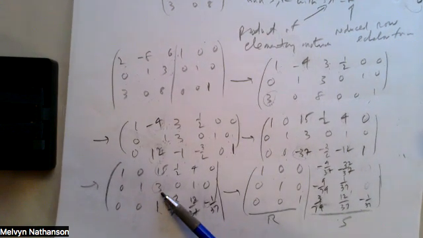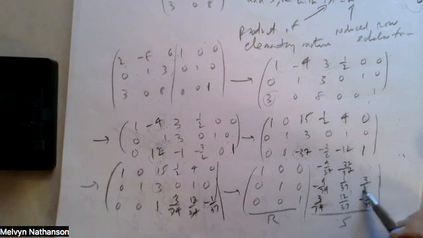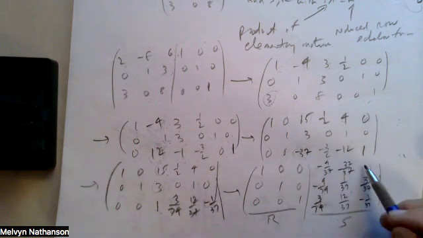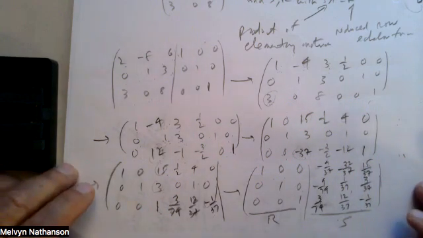And when I eliminated the 3 here, I multiply this row by minus 3 and add, which makes 3 over 37. And when I eliminate the 15 here, I multiply this by minus 15, which makes plus 15 over 37. All right, so let me go back now and check my work.